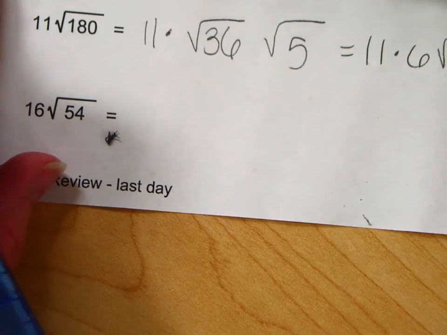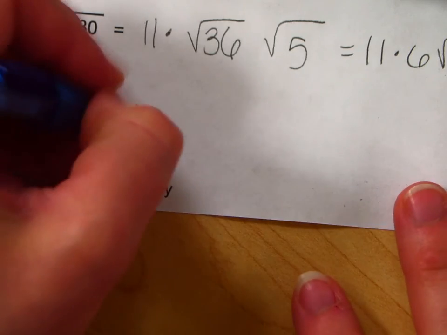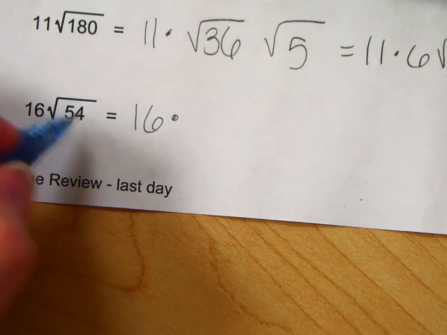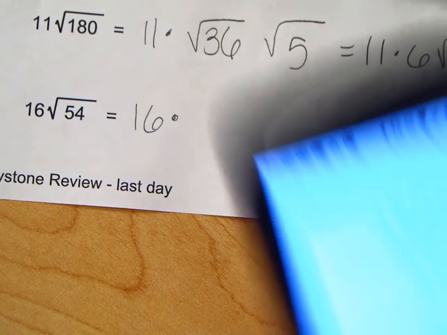Okay, one more. We have that 16 randomly hanging out in front. Now we do 54. Now 54 is not on my list.